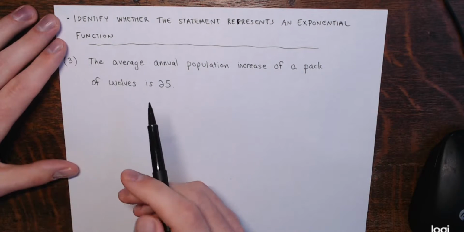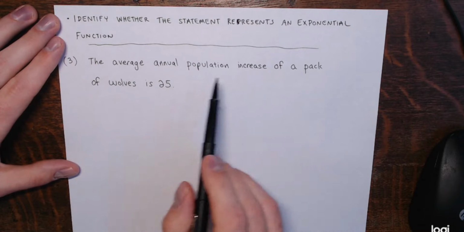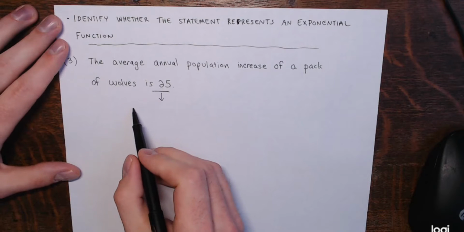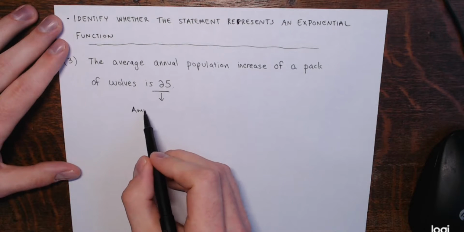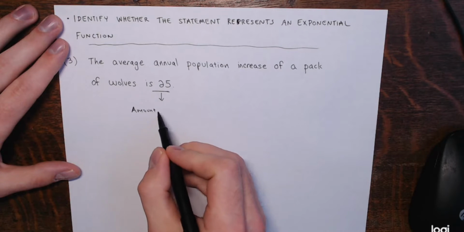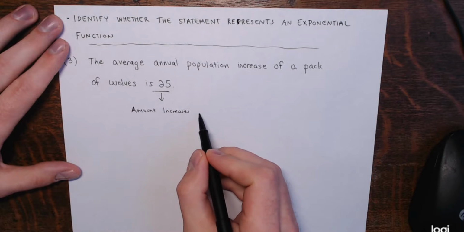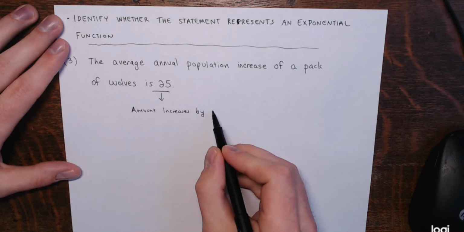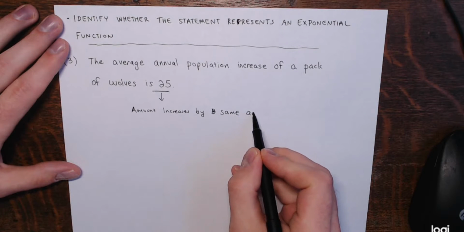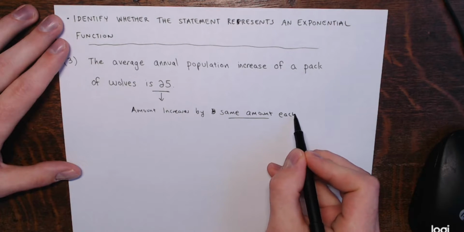So here, the average annual population increase of a pack of wolves is 25. So this means that this amount of wolves, this average annual population of wolves, this means the amount increases by the same amount each year on average, right?